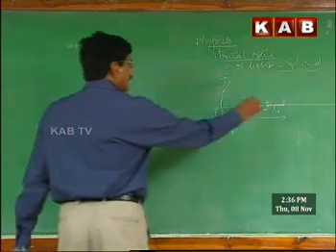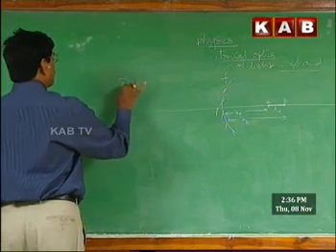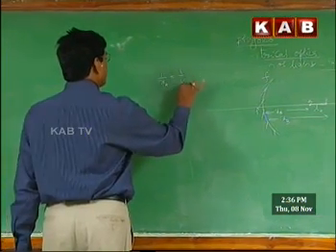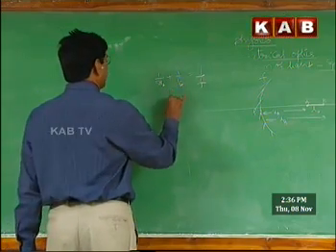What we do is, A as a point object, we calculate the image. So 1 by UA plus 1 by VA is 1 by F. That is the formula. From this we calculate VA.